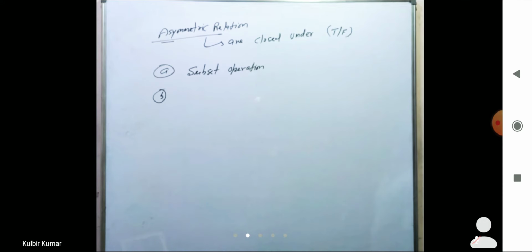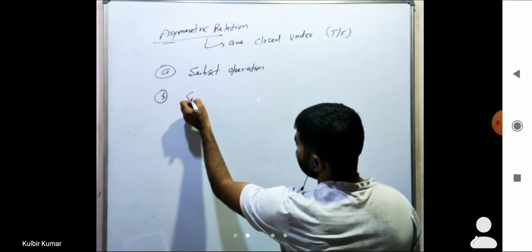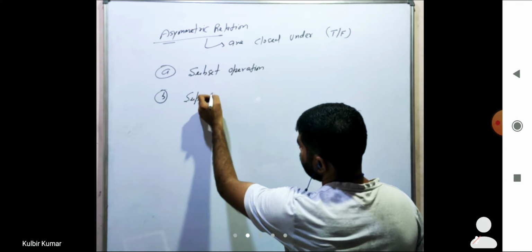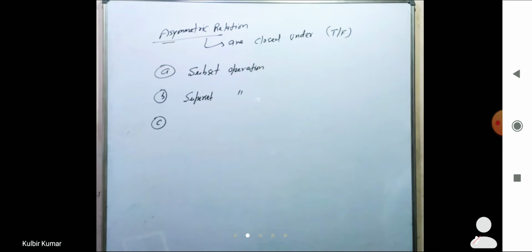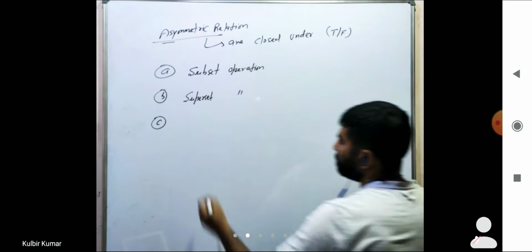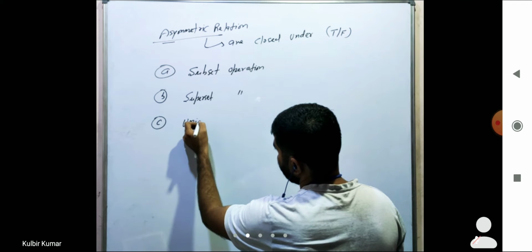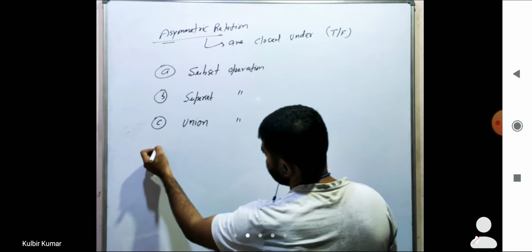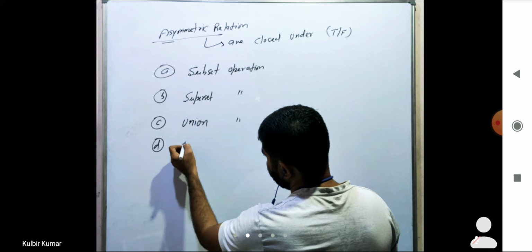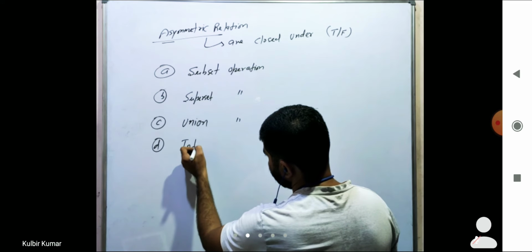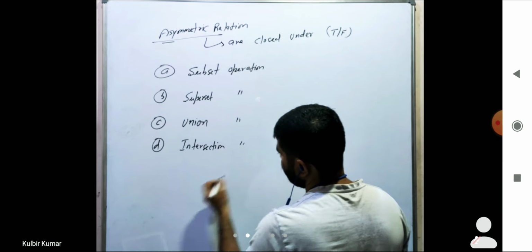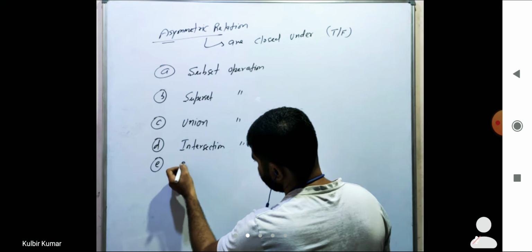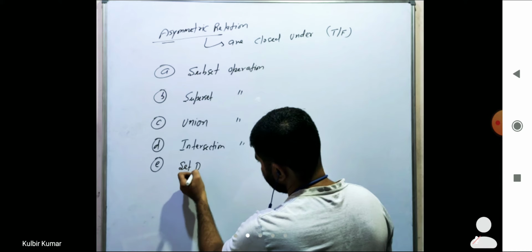Second, it is superset operation. Third, it is a union operation. Next, it is intersection operation. And next, it is a set difference operation.